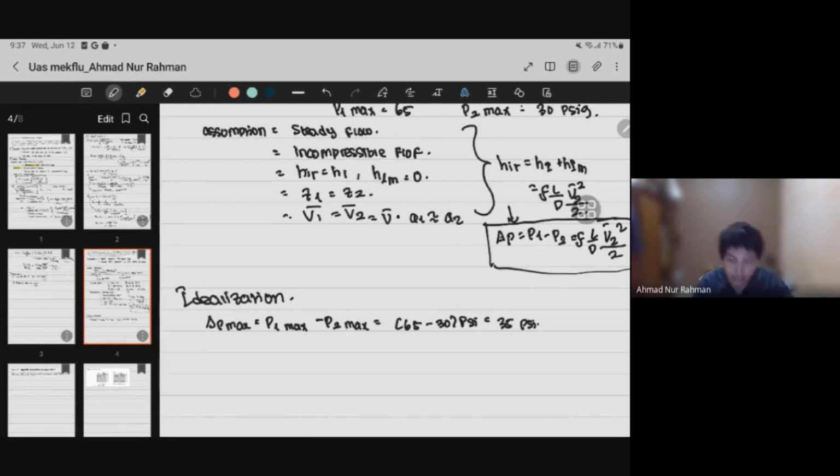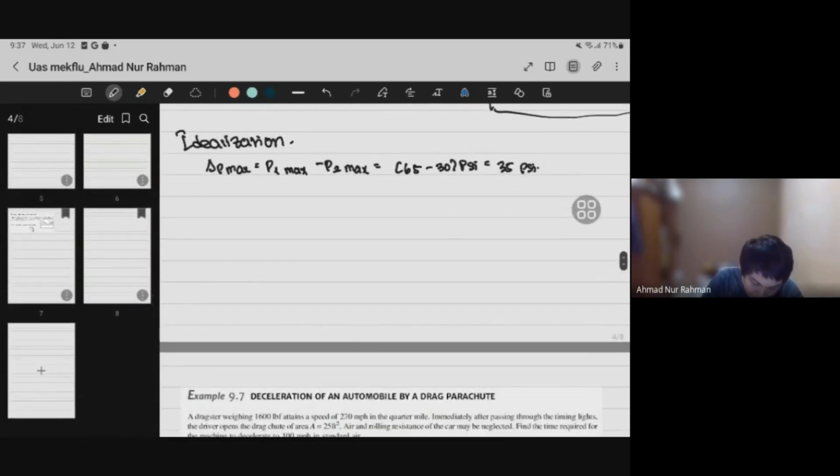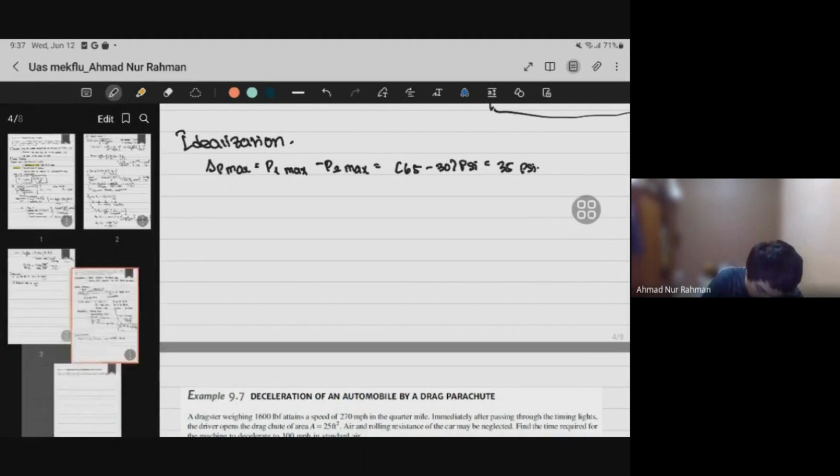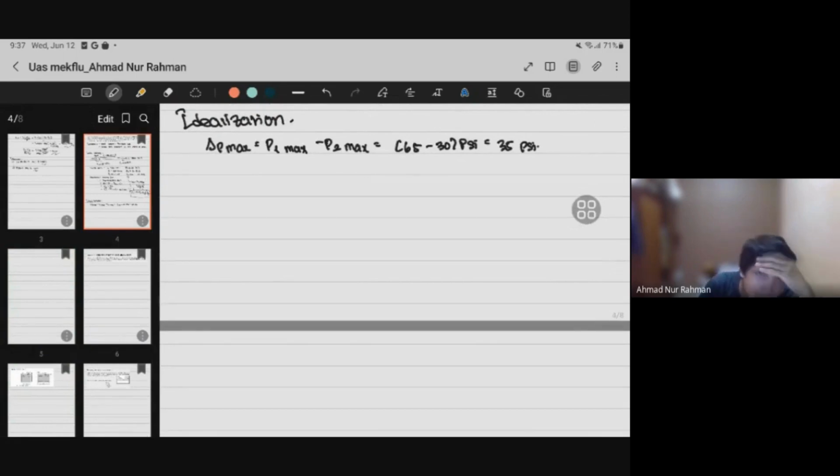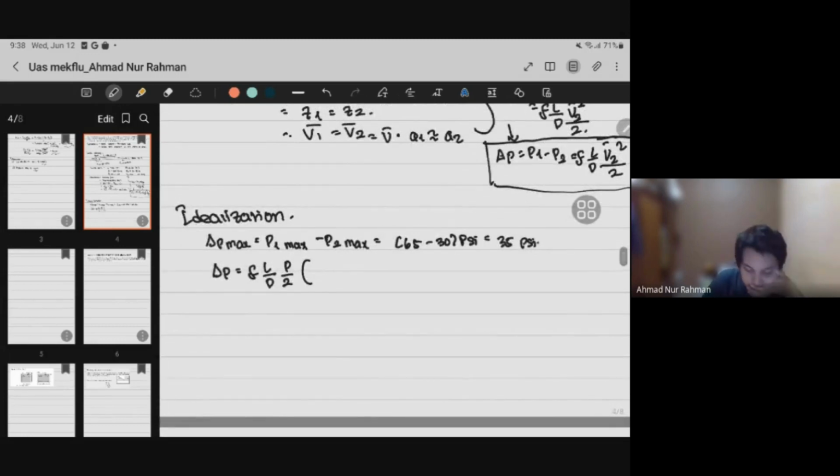So the next equation we use, we insert V equals 4Q per pi D squared, so the result we get is 8 f L rho Q squared per pi squared D to the power of 5.